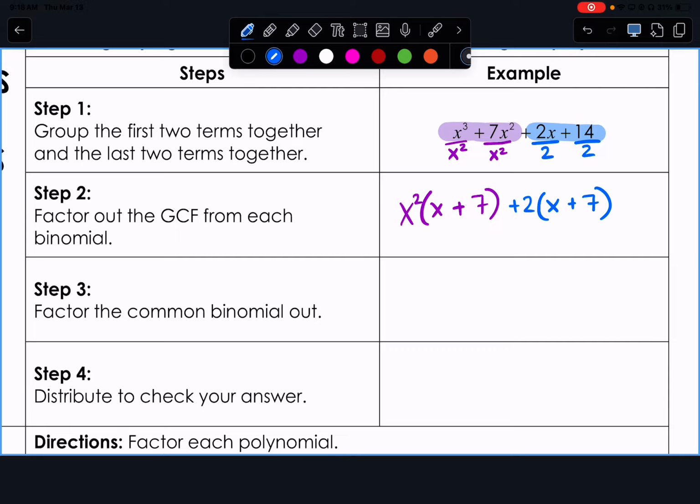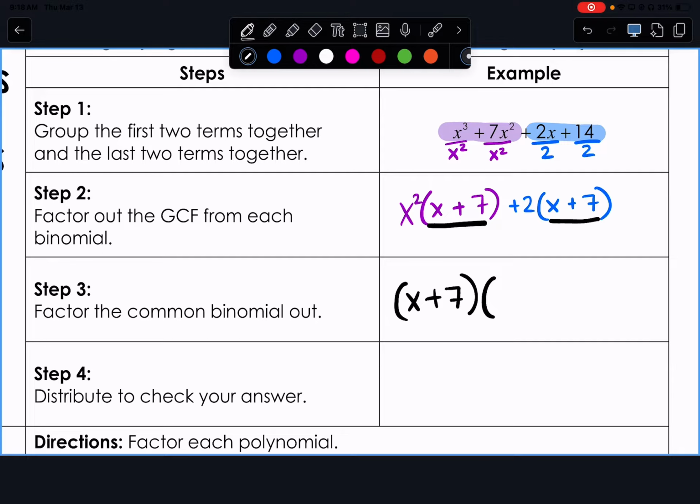Now, we have to factor out the common binomial. What binomial is in common with both of them? The x plus 7, right? Y'all see that in parentheses? That part is the same in both. So what we do is we pull that to the front. Then we take what's left over.